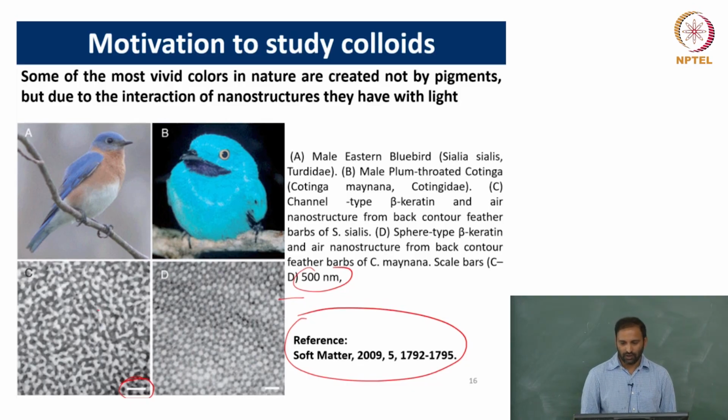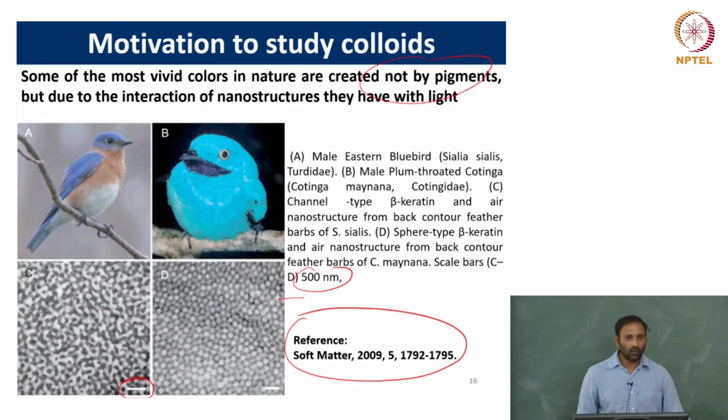So the interaction of light with such structures, whose size is smaller than the wavelength of visible light, is what leads to such colors. This is an example of what is called structural color, which is not created by pigments, but by the way these nanostructures interact with light.